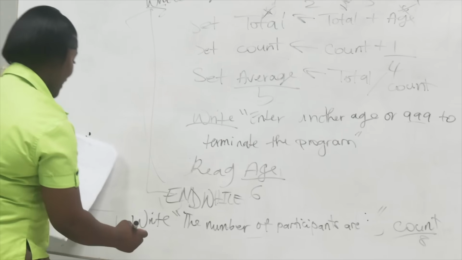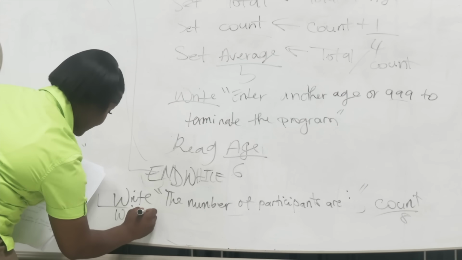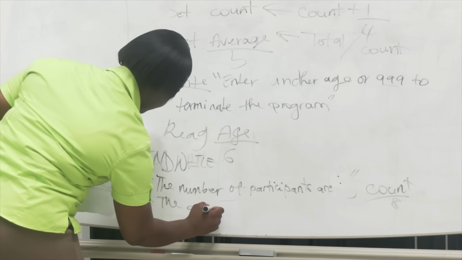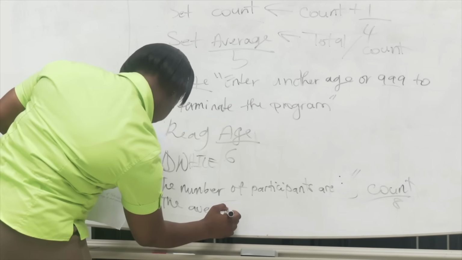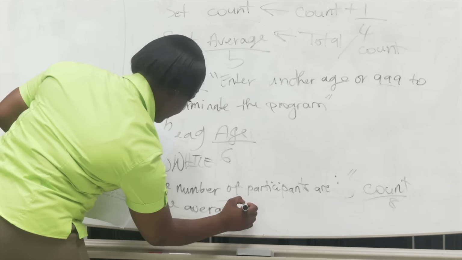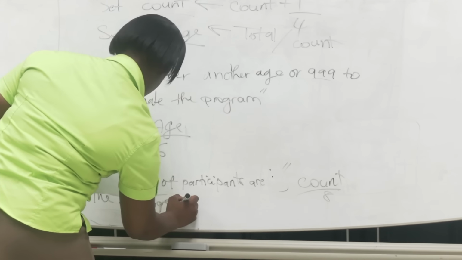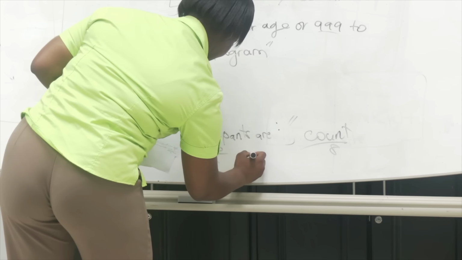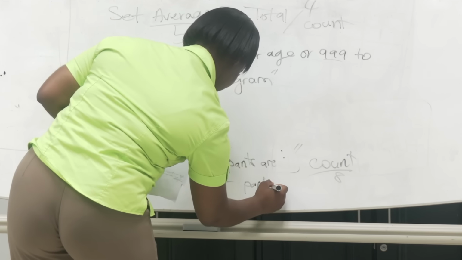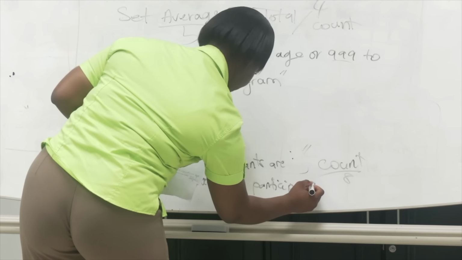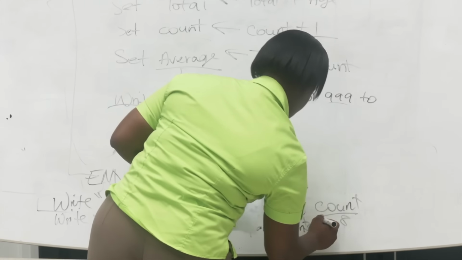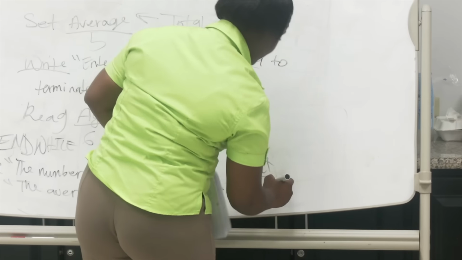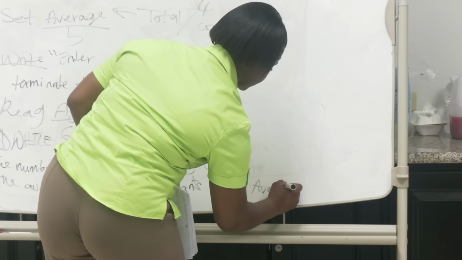And then we have write, which is the same as print, the average age of participants are, use quotation, comma, and of course, average.